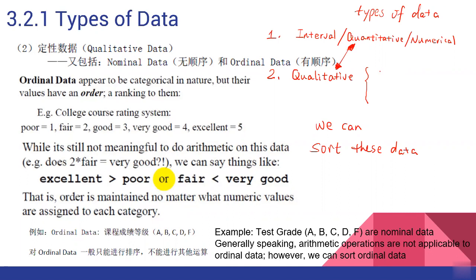The first type is called nominal data. Nominal data has no order. And ordinal data has order, right? Okay, any questions?